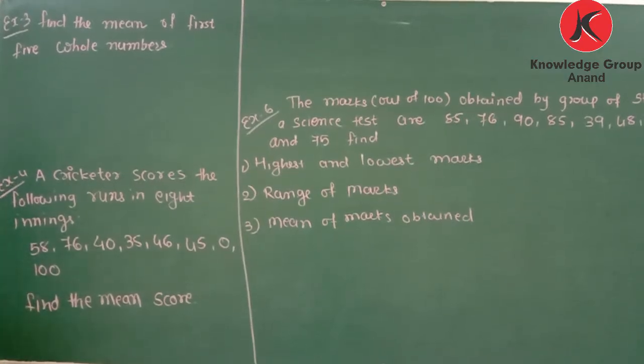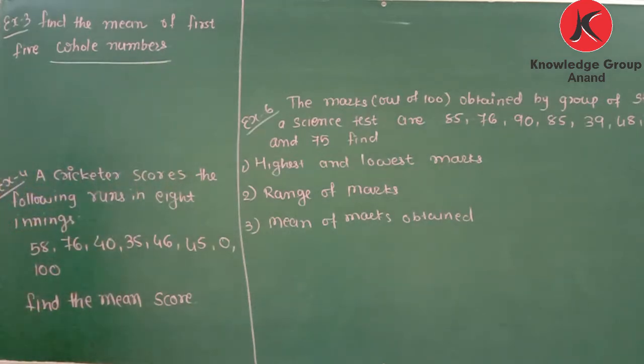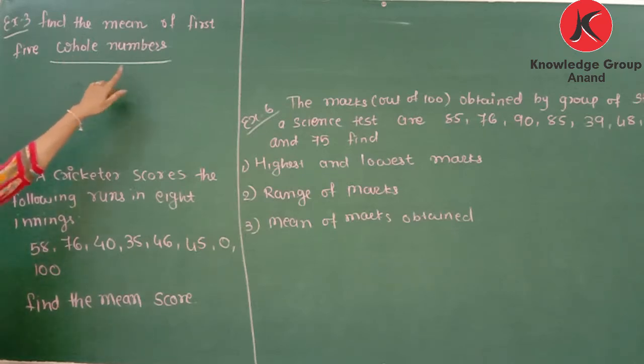Now question number 3. Find the mean of the first 5 whole numbers. Be careful in this kind of example because many students have some problem in finding the mean of whole numbers. Whole numbers start from 0.